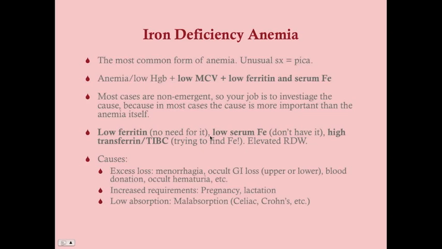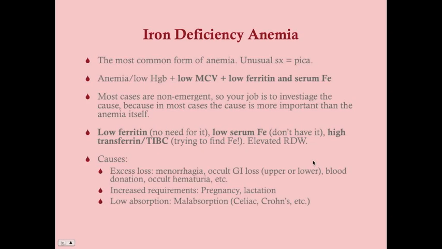That's because it's trying to find as much iron as possible. And then an elevated red cell distribution width is common because you're going to have some very, very small red blood cells that don't have a lot of hemoglobin in them, and you may have some normal looking red blood cells. So it tends to be with iron deficiency anemia that you have an elevated RDW.